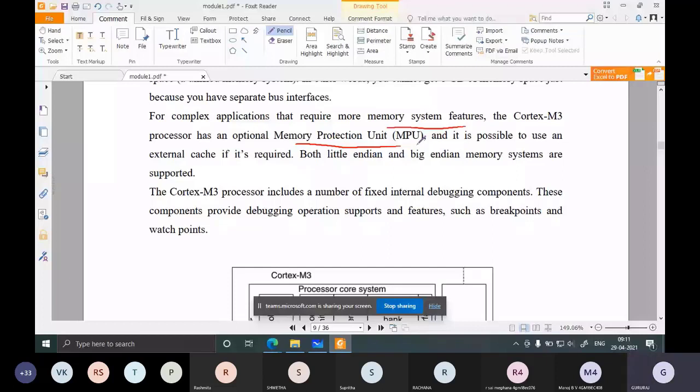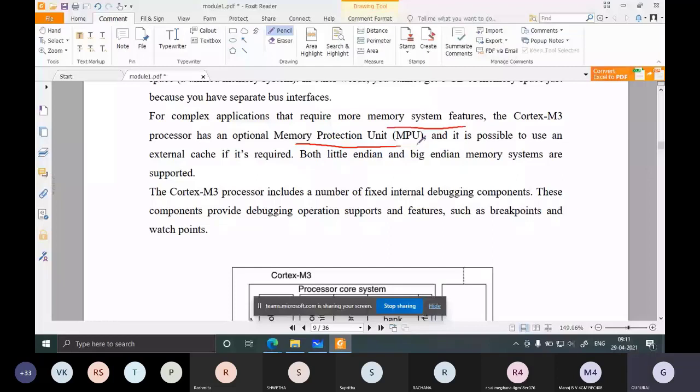There may be an application wherein there are multiple users. Whenever there are multiple users, security becomes important, because the files of the first user should not be accessed or, let's say, erased by the second user of the same system.